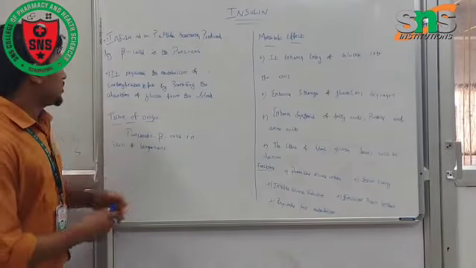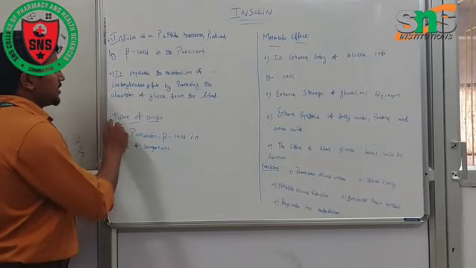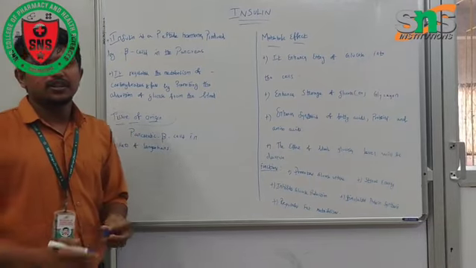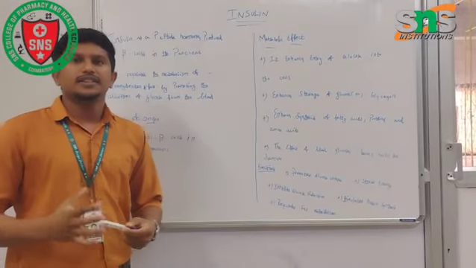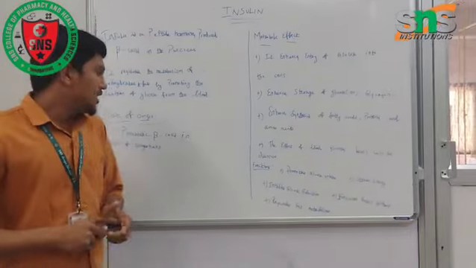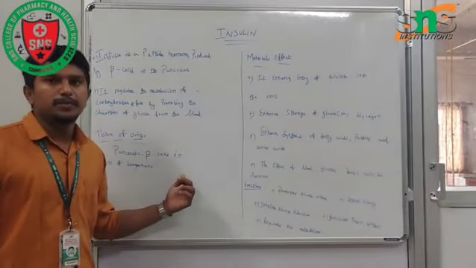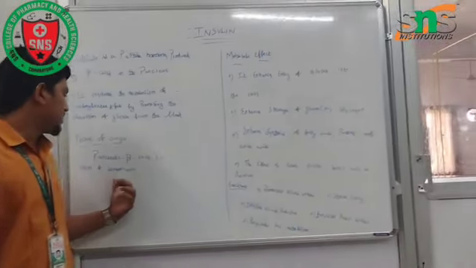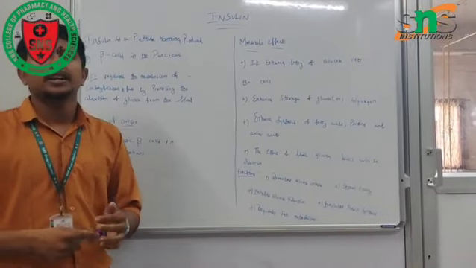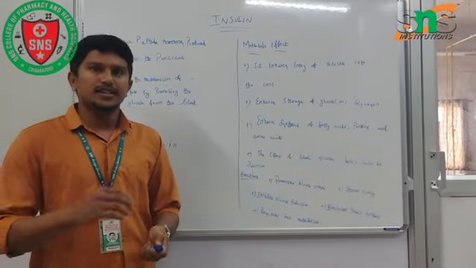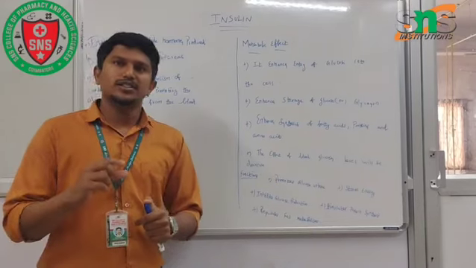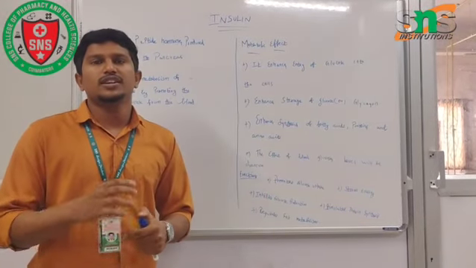Next, tissue of origin. Where is it present? It is mainly present in the pancreatic beta cells in the islets of Langerhans, which are crucial endocrine cells.